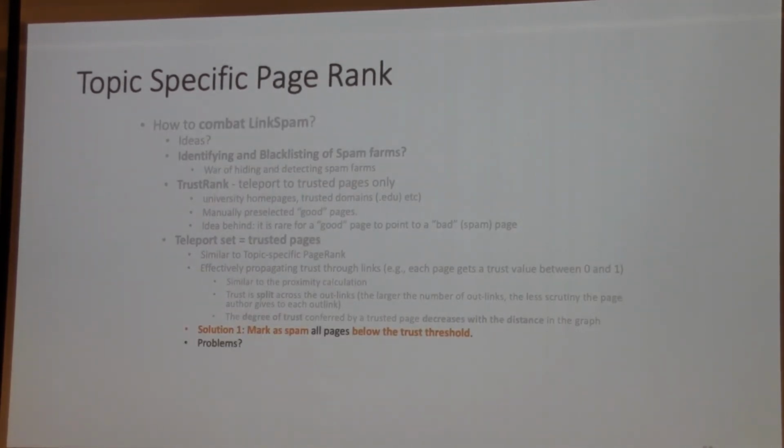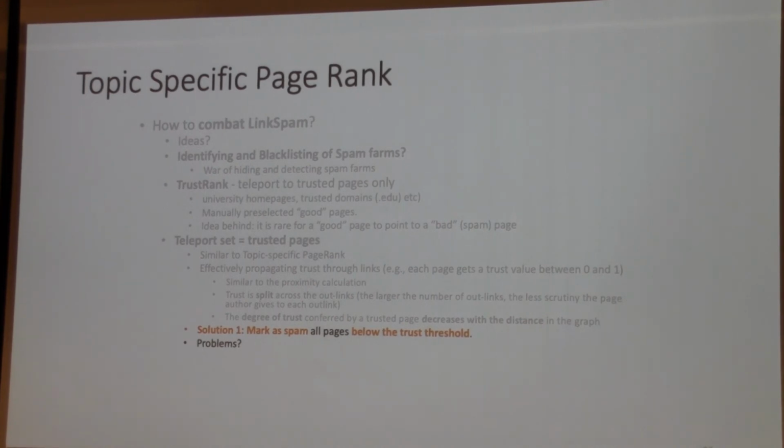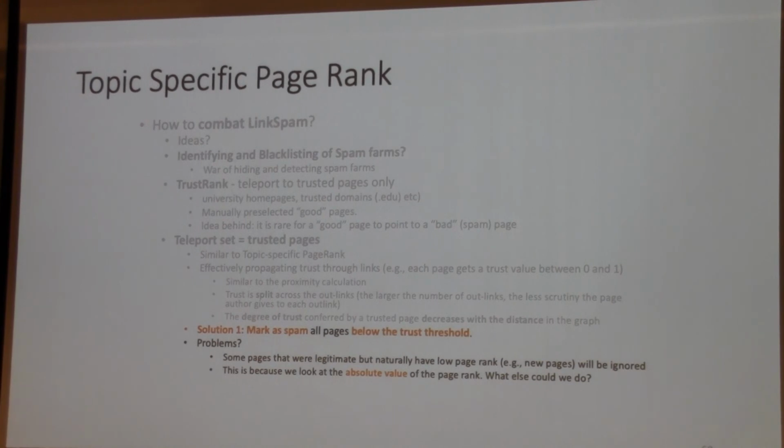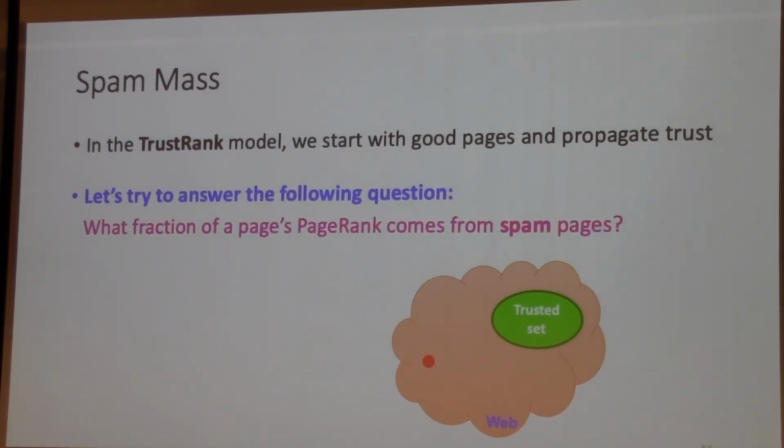It's actually not a good idea to mark as spam all pages below a trust threshold because new pages tend to be ignored. So that's not good. So how do we work it? Well, basically the idea that works is called spam mass. So the way you do it is you calculate two values of PageRank.